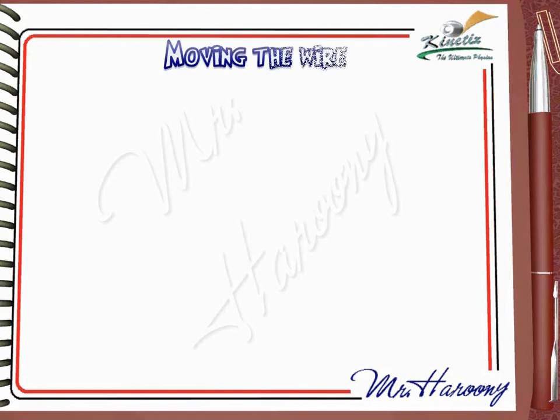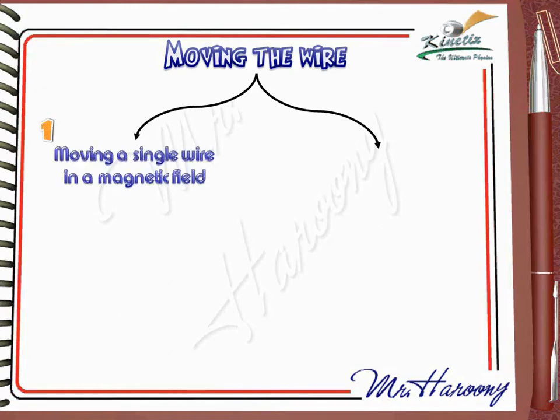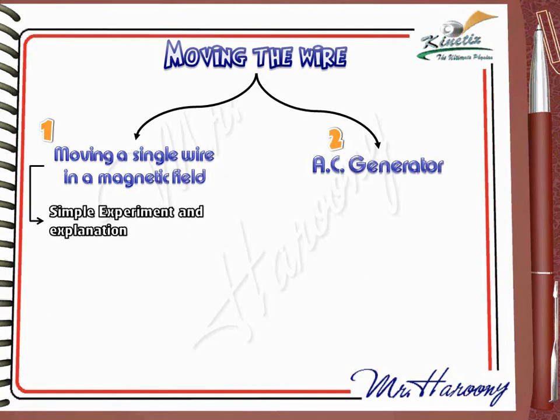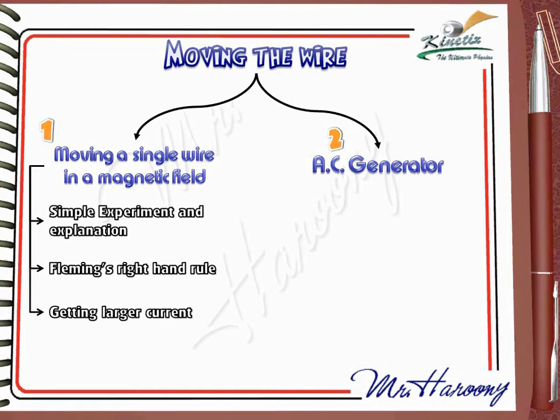And now a summary of part 1 of the electromagnetic induction, moving the wire. Two main titles: moving a single wire in a magnetic field and the AC generator. Under moving a single wire in a magnetic field, we had a simple experiment and explanation. We learned how to get the direction of the induced current by Fleming's right-hand rule and methods to get stronger current.